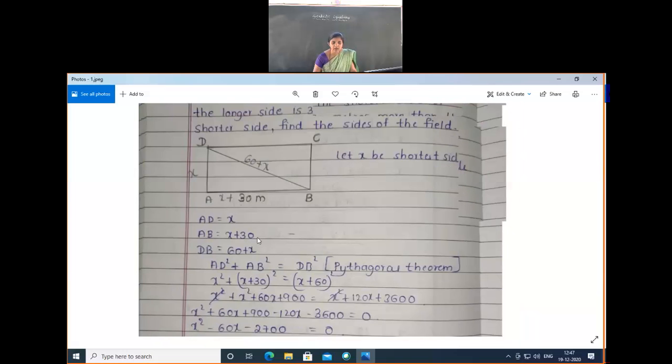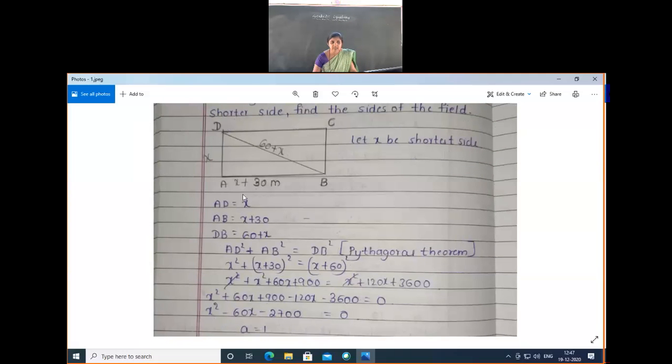According to the Pythagoras theorem, the square on the hypotenuse is equal to the sum of the squares of the other two sides. So DB square is equal to AD square plus AB square. AD is x, so x square plus AB, x plus 30 whole square, is equal to DB square, x plus 60 whole square.